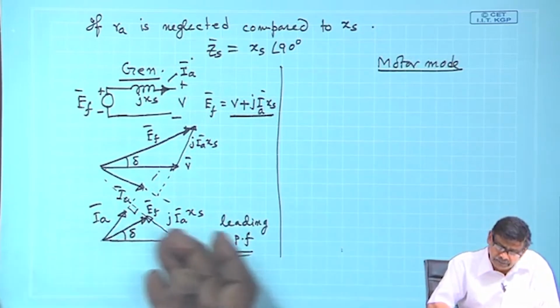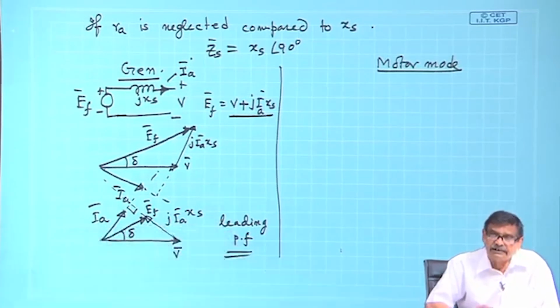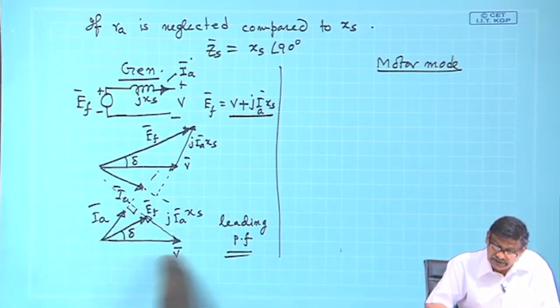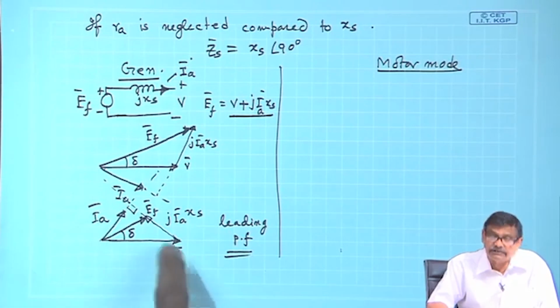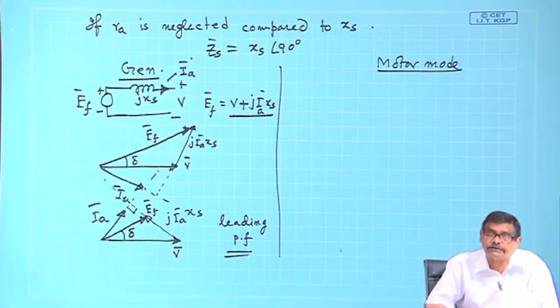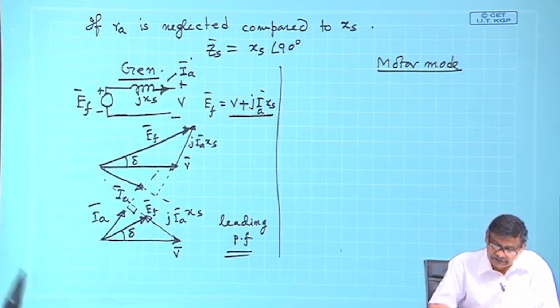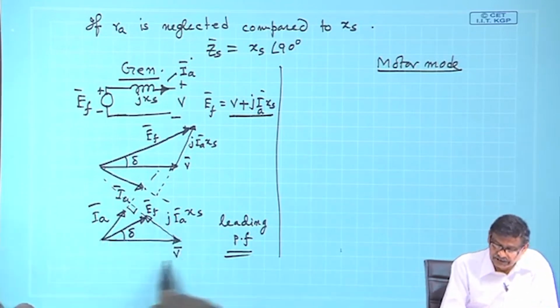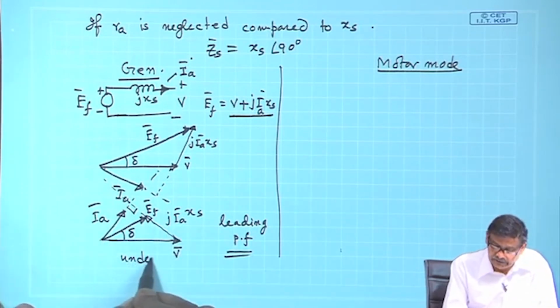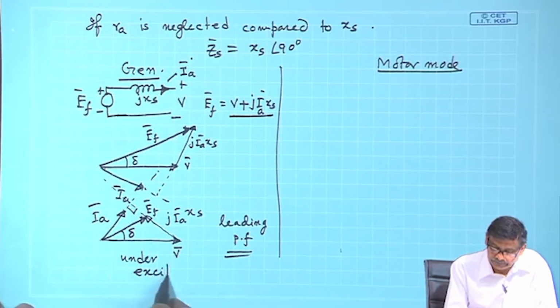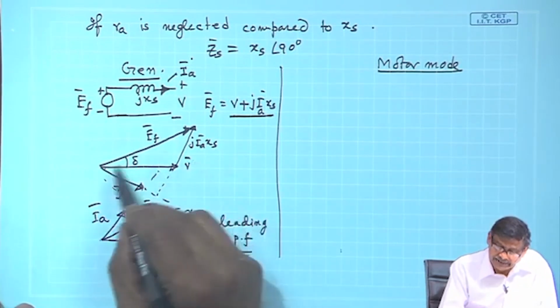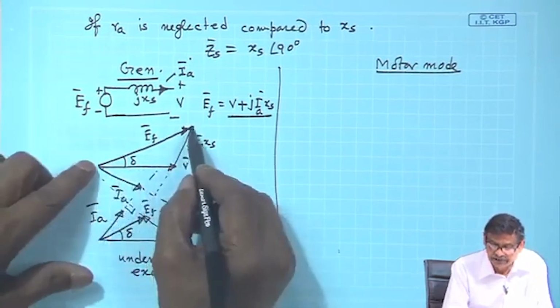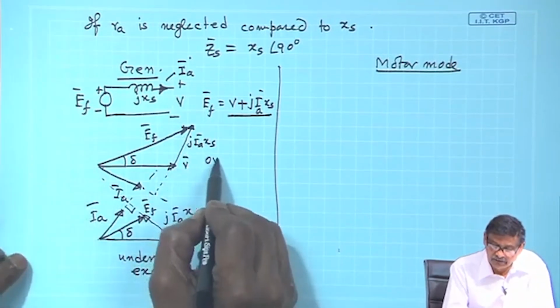Therefore, this will be a measure of the resultant field. So, leading power factor generator, is it over excited or under excited? Under excited, because length of E f is less. And in the lagging case, length of E f is greater than V, so it is over excited.